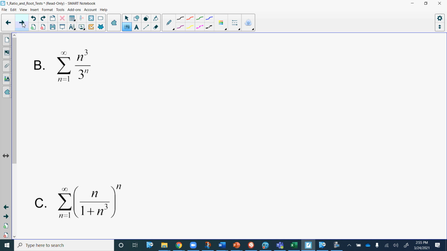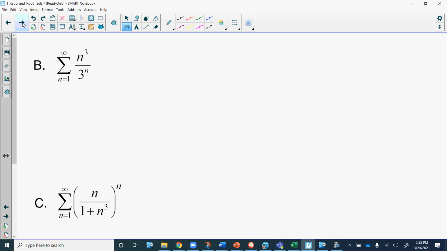You could attempt the integral test on this one, although the denominator is going to get a little funky. But we can definitely do this one with the root test because we do have one part of the sequence as something to the power of n.